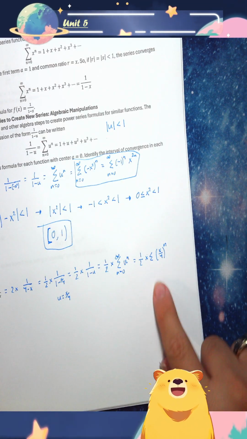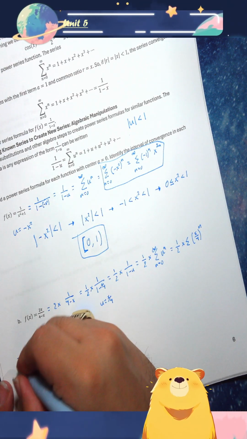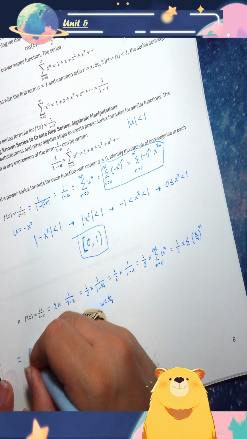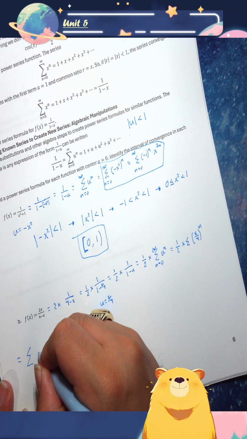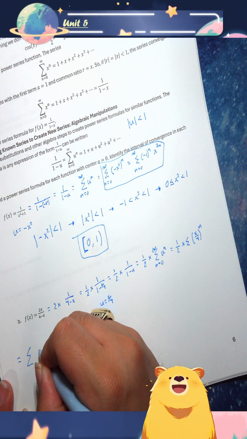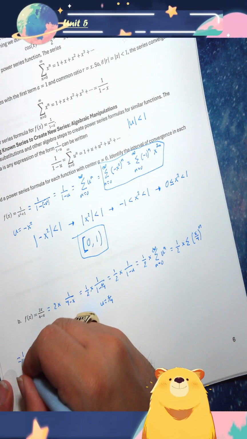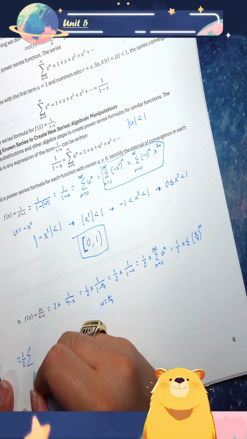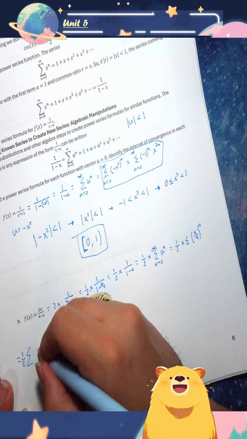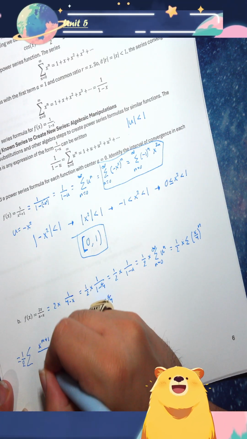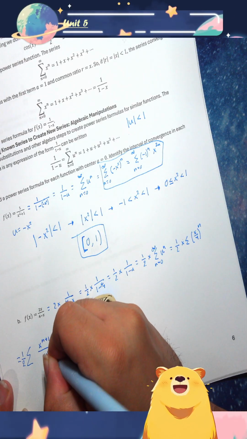So from here, you get the summation of, you can leave the 1/2 out if you want, but I would just put the x back in. You would get x^(n+1) over 4^n.